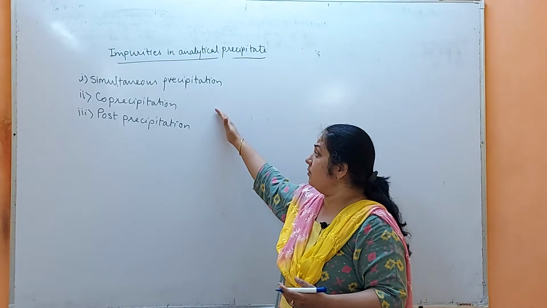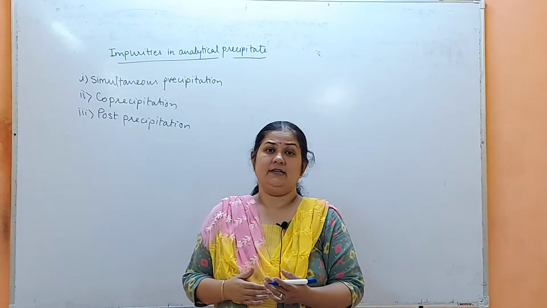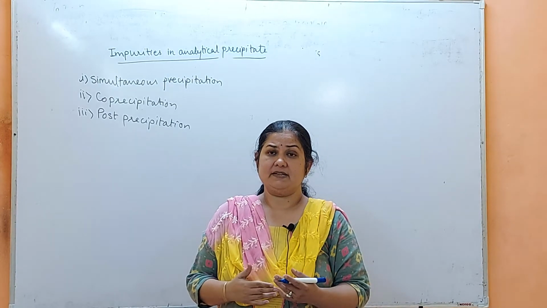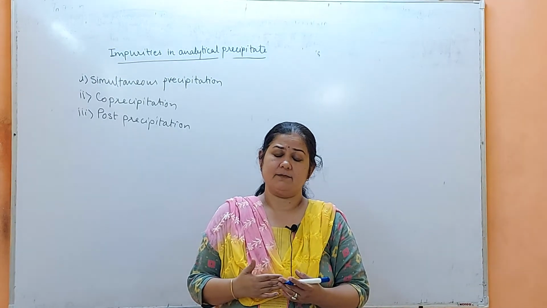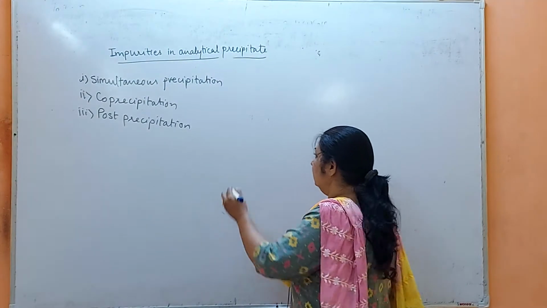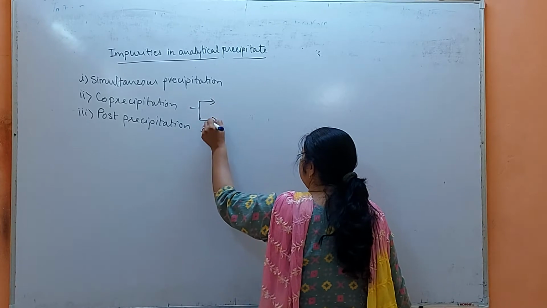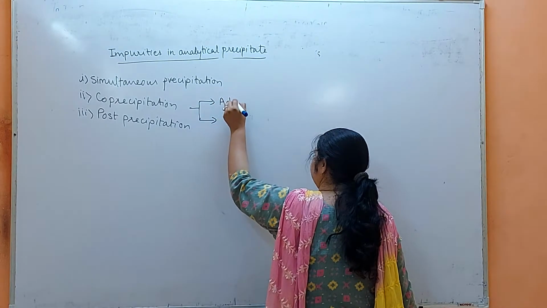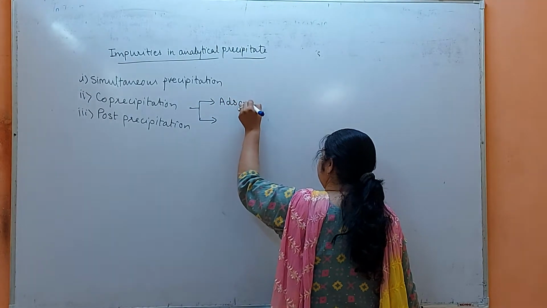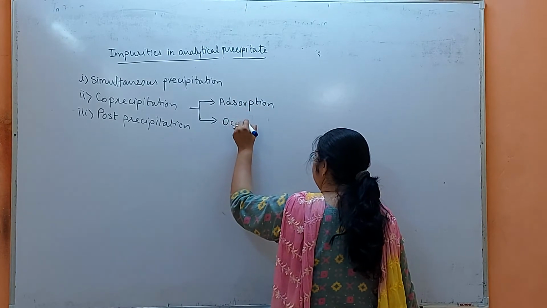Then next is co-precipitation. Co-precipitation means what? It is also a type of precipitation which takes place during the process of precipitation. It can take place by two methods: adsorption and occlusion.